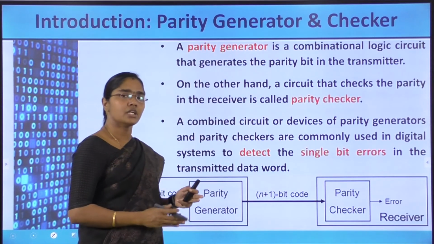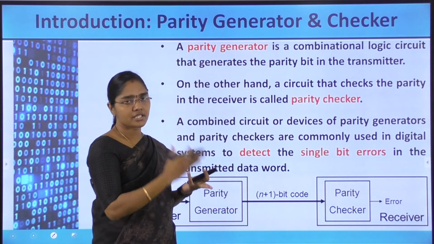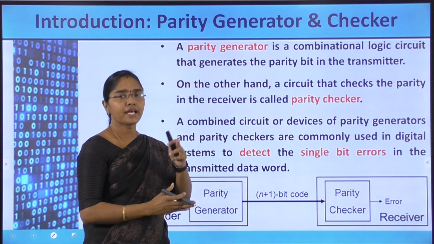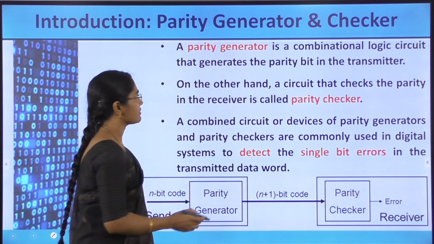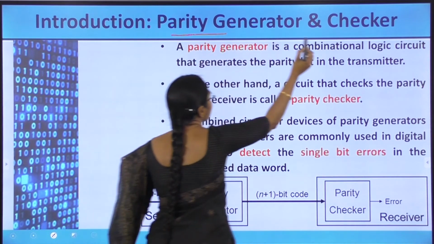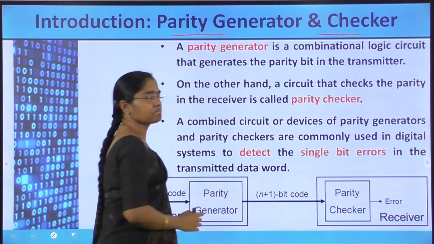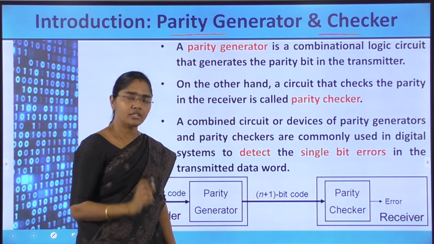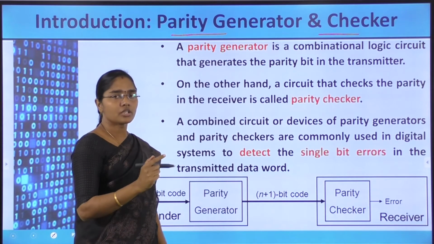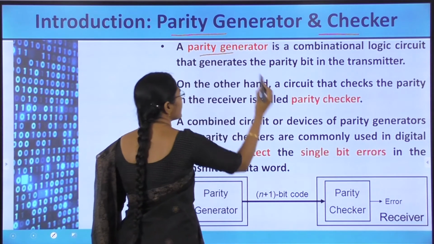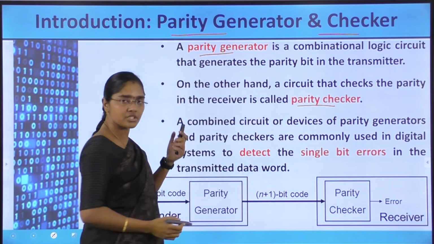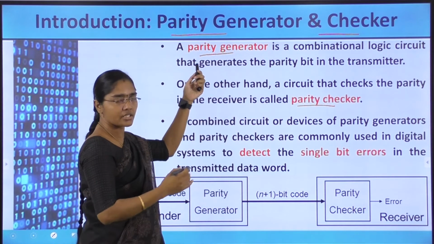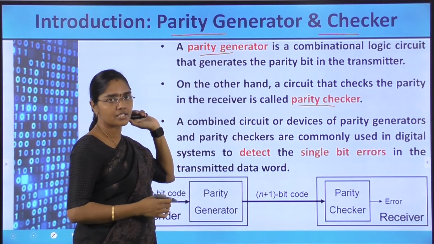Okay. Then to generate that parity, a parity generator is used at the transmitter side, and to check the parity, a parity checker is used at the receiver side. So parity generator and checker. The parity generator is a combinational circuit and the parity checker is also a combinational circuit. Both are combinational circuits, used at the transmitter side for the parity generator and at the receiver side for the parity checker.